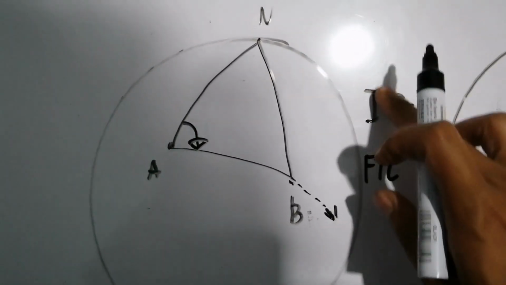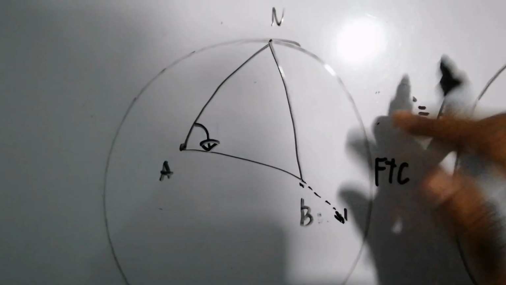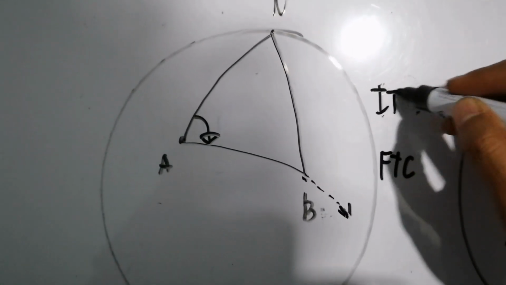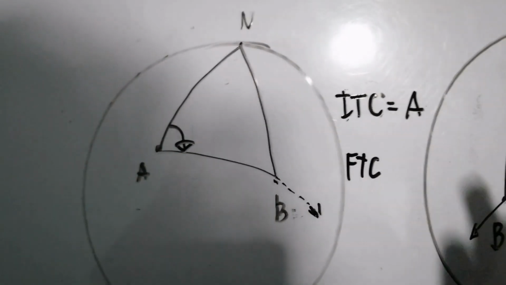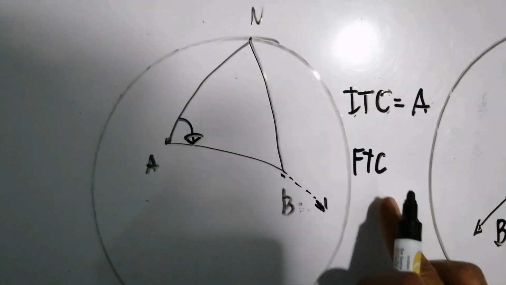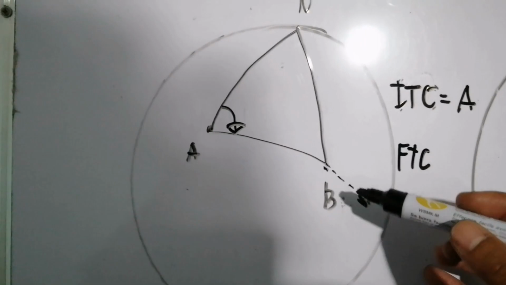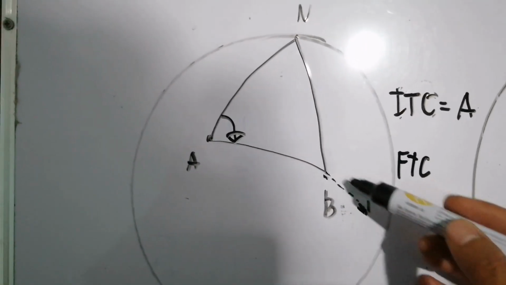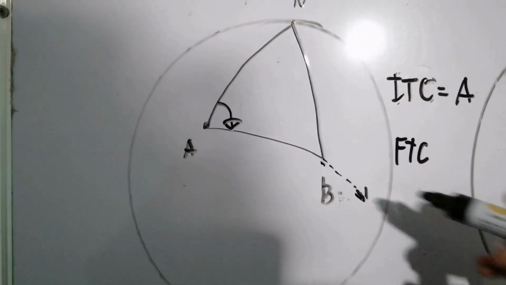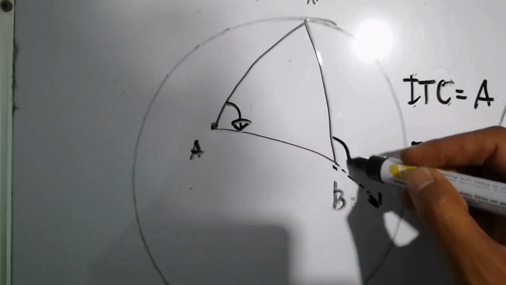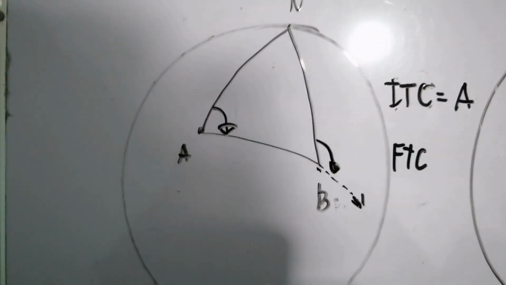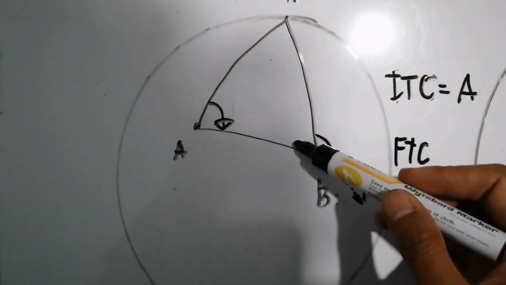To find the final true course, remember that the final true course will be the course going to the direction of your ship. So in this case, here is your final true course. But where is angle B? Angle B is here.